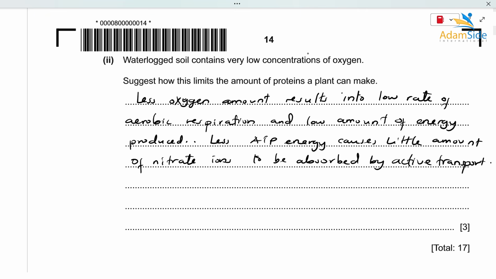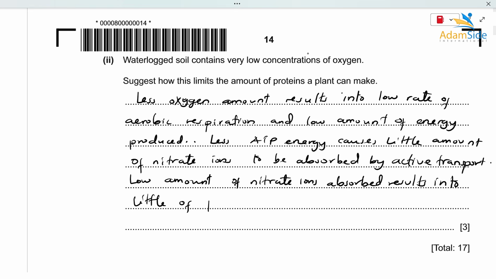Then low amount of nitrate ions absorbed results in little amount of amino acids made, and hence only a little amount of protein is made by the plant.